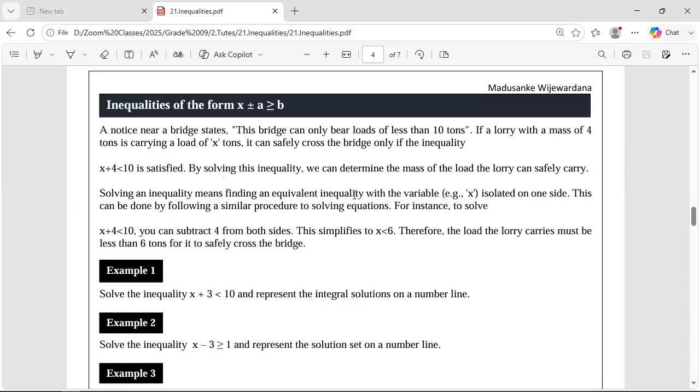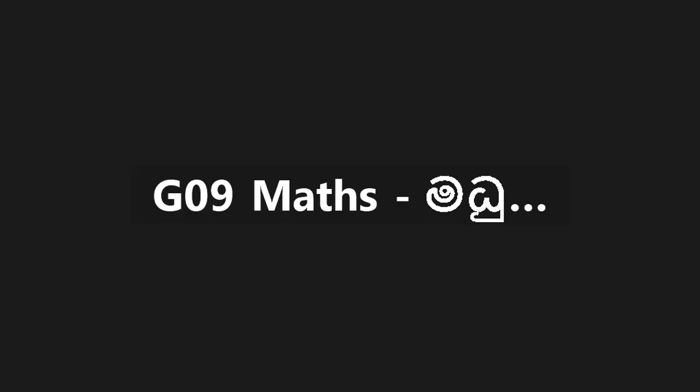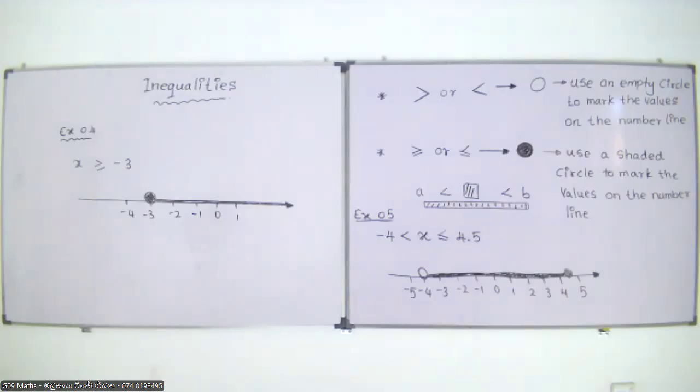Inequalities of the form x plus or minus a greater than or equal to b. So we are going to discuss that. Let me come to the board, so I will do it on the board so that you can understand it clearly.